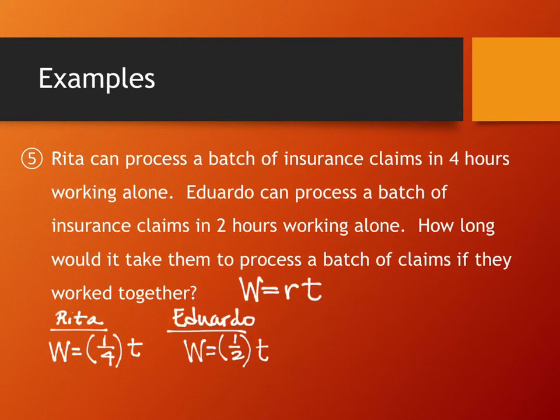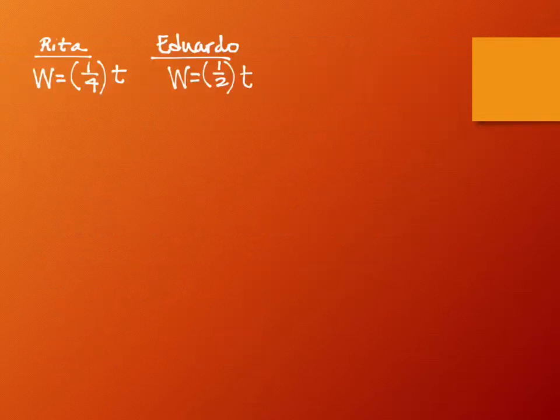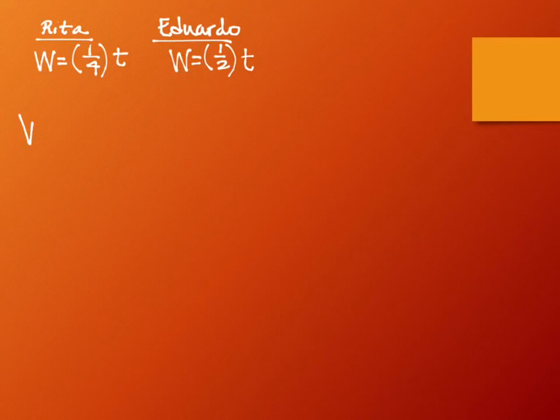So what we're trying to do is figure out how we get the whole job done. Let me copy this to the next slide like I've been doing to create our combination statement. As I'm looking for the whole job, I need Rita working. She's working at 1/4 T. I need Eduardo working.